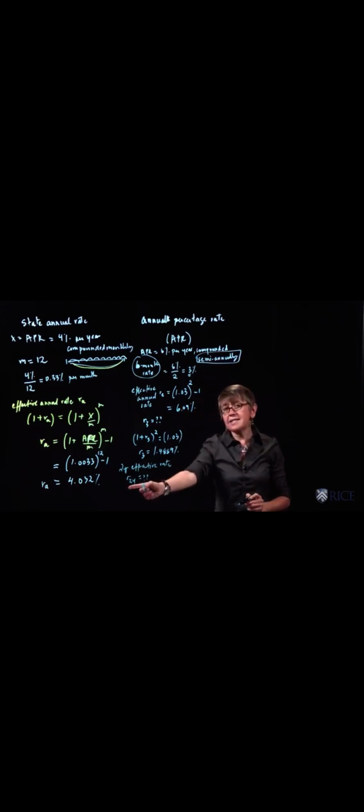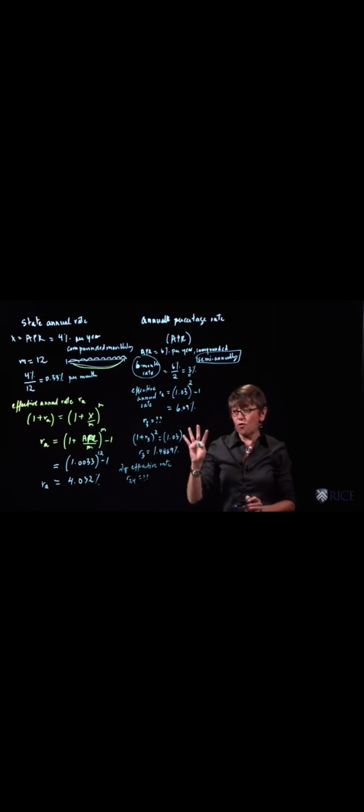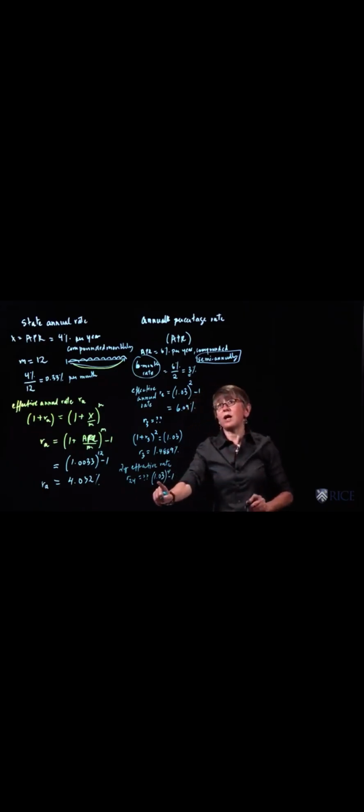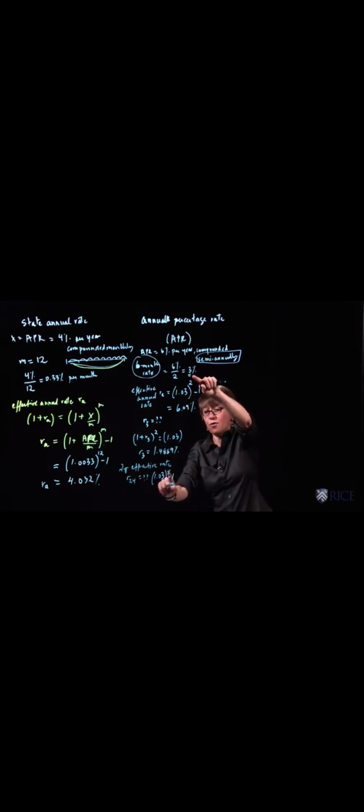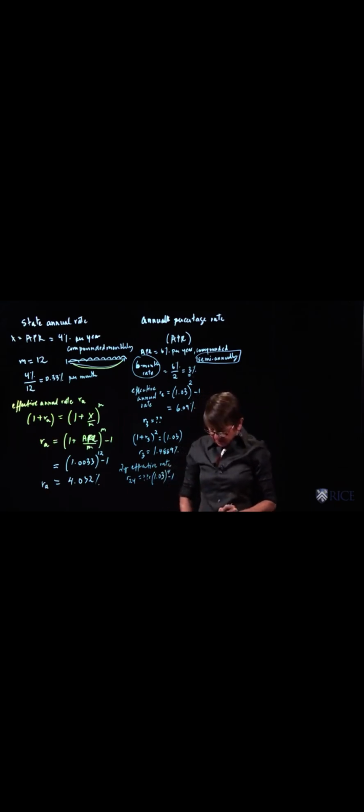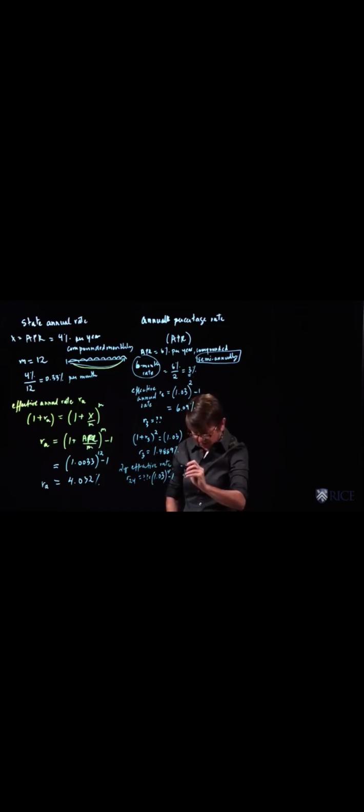So how many times is it going to compound? It's going to compound 4 times: 1.03 to the 4th minus 1. So we are compounding the 6-month rate for 4 periods to find the effective 24-month rate, which you can solve.